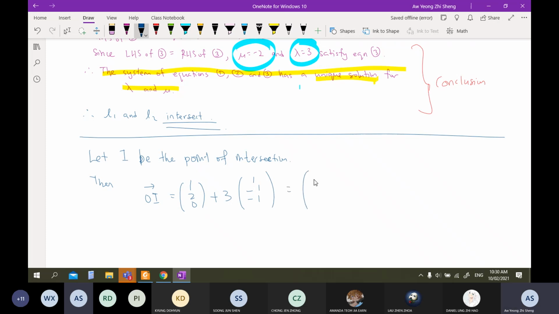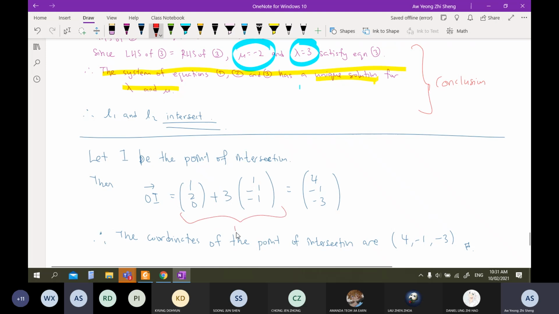That will be equal to (4, -1, -3). They ask for coordinates, so therefore the coordinates of the point of intersection, in coordinate form, are (4, -1, -3). Okay, done.